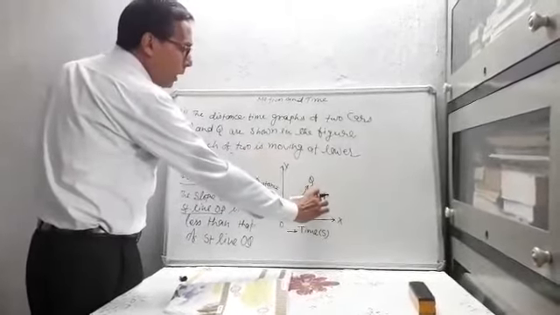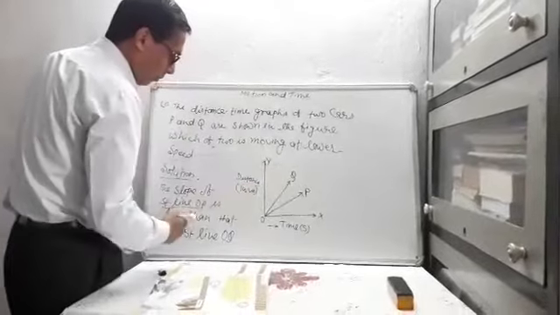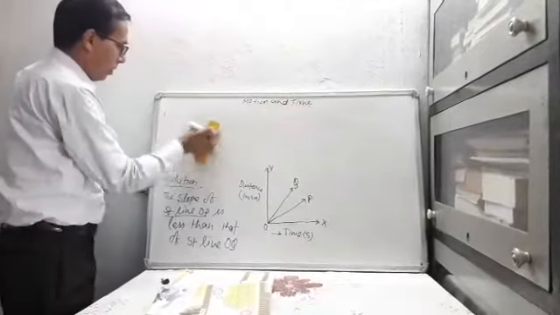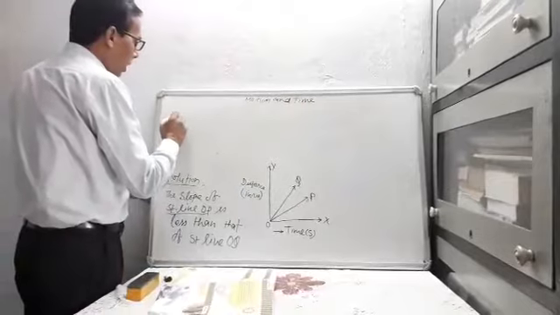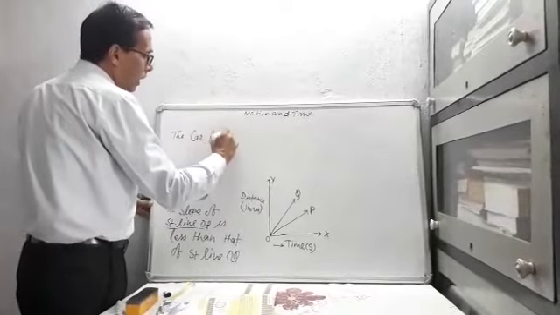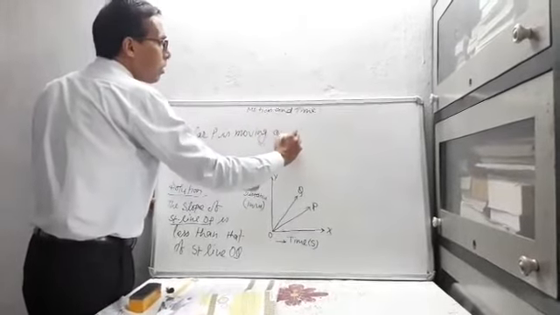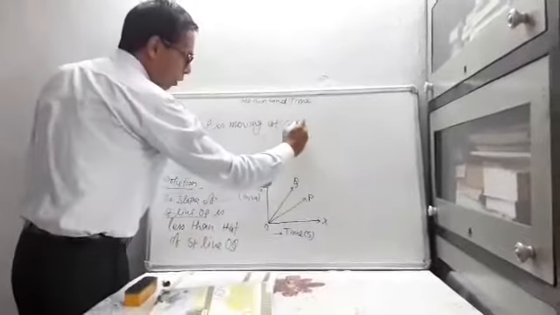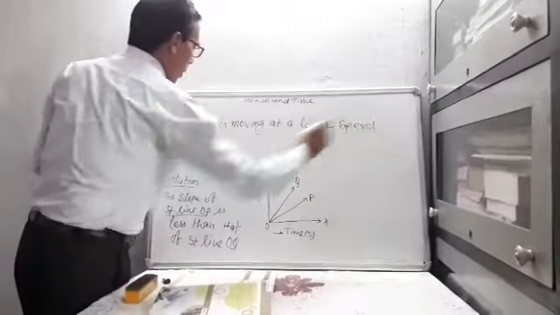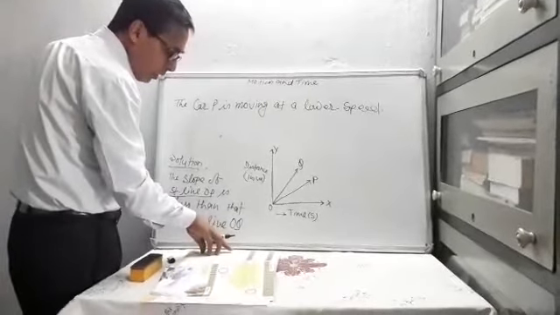Here car P is moving at a lower speed. This is the solution of the hot question D.